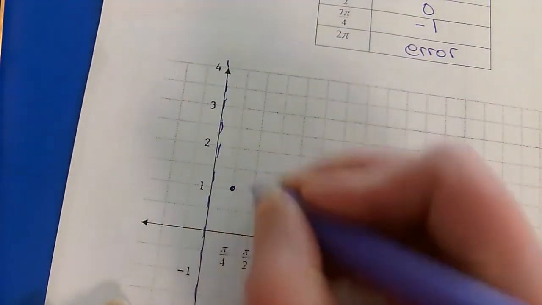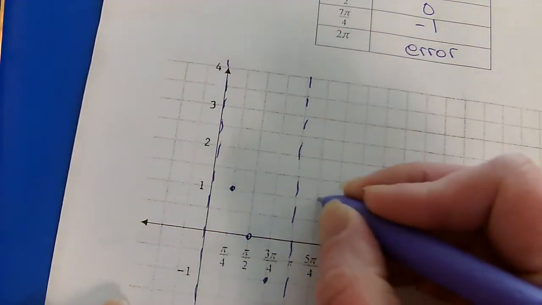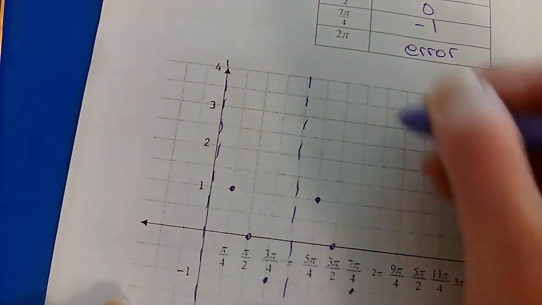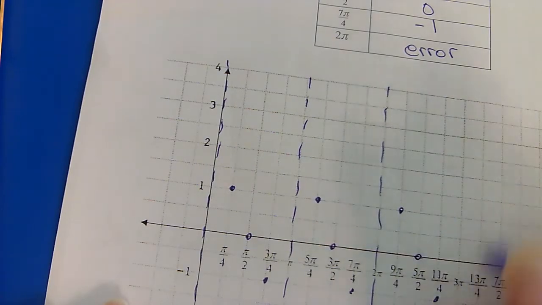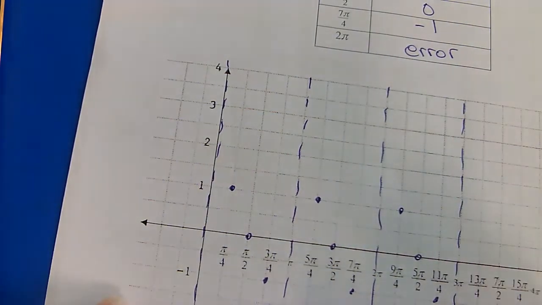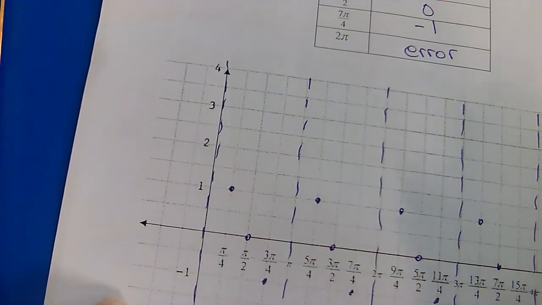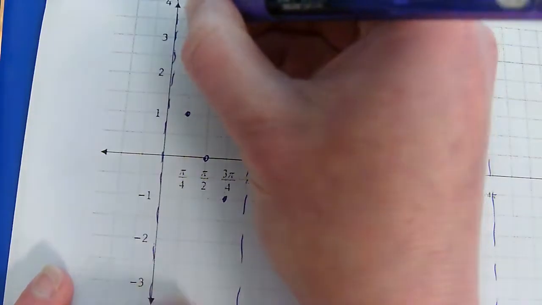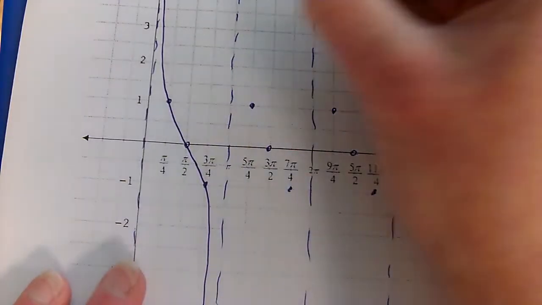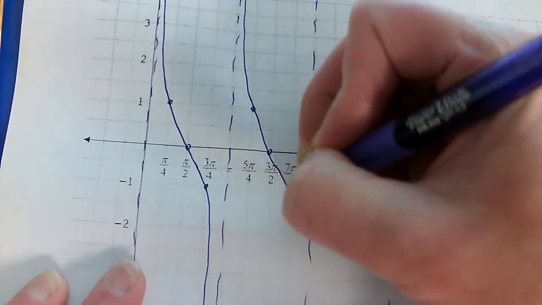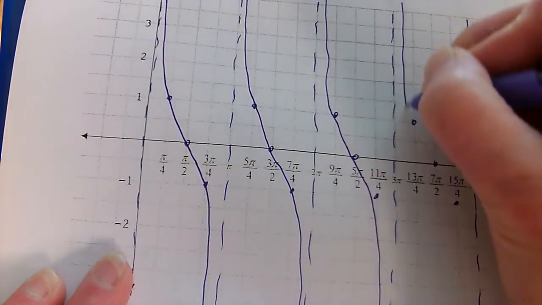Then it goes 1, 0, negative 1, and repeats. And looking at the graph, it has that same kind of cubic-ish look to it.